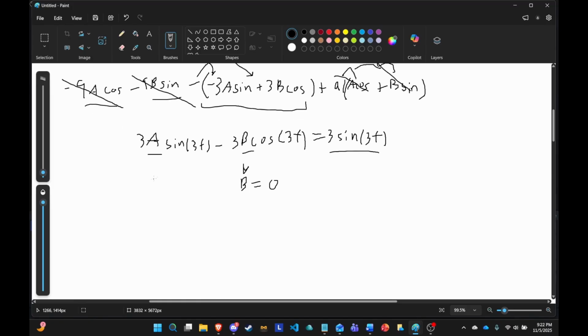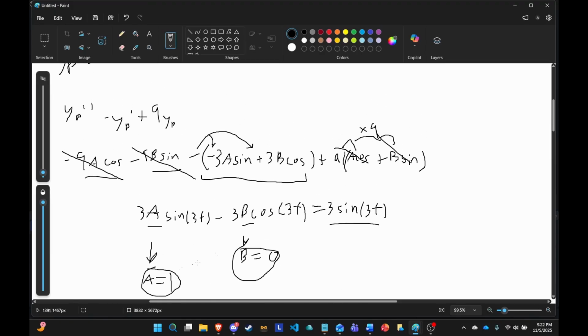And we can easily see that a should be 1, because that way you get 3 sine of 3t minus 0 equals 3 sine 3t. Perfect.